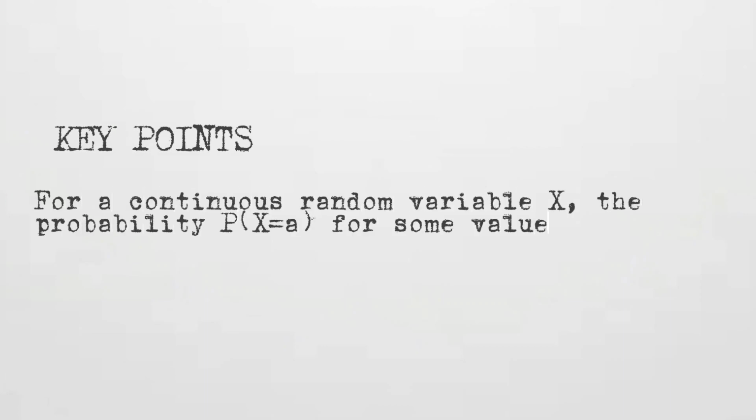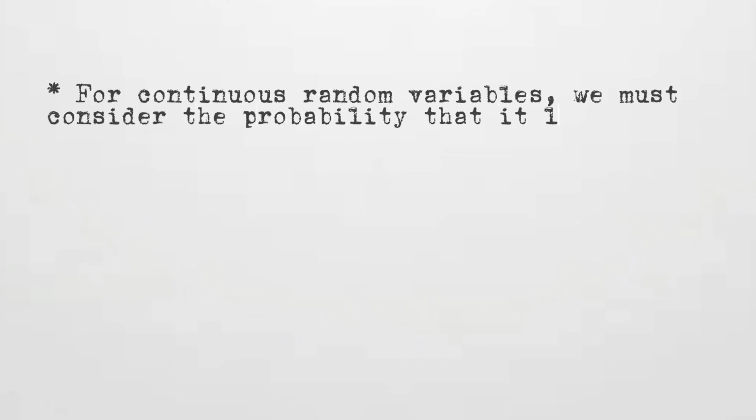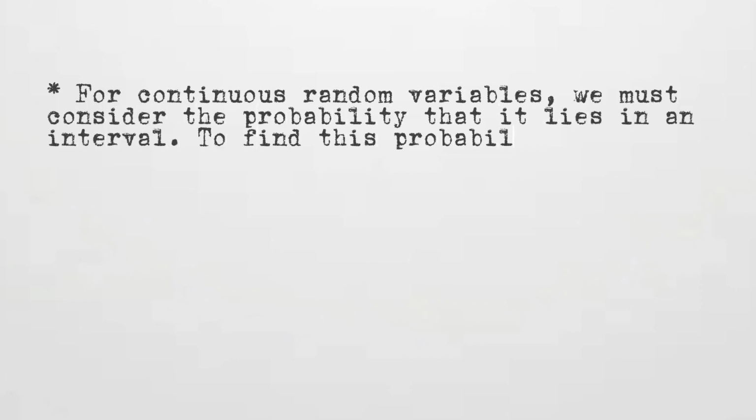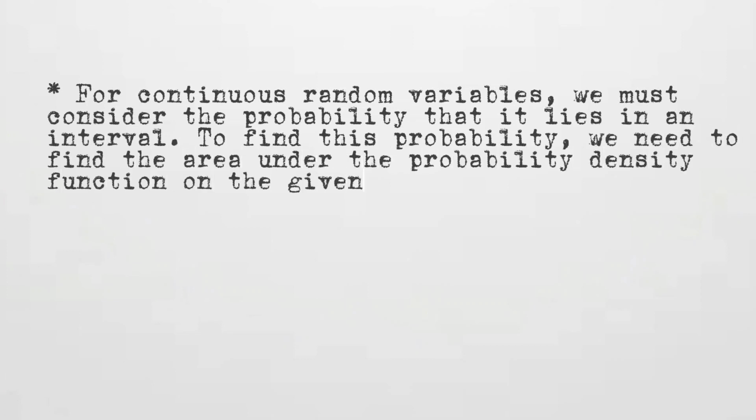Key points. For a continuous random variable x, the probability P(x = a) for some value a is always 0. Next, for a continuous random variable, we must consider the probability that it lies in an interval. To find this probability, we need to find the area under the probability density function on the given interval.